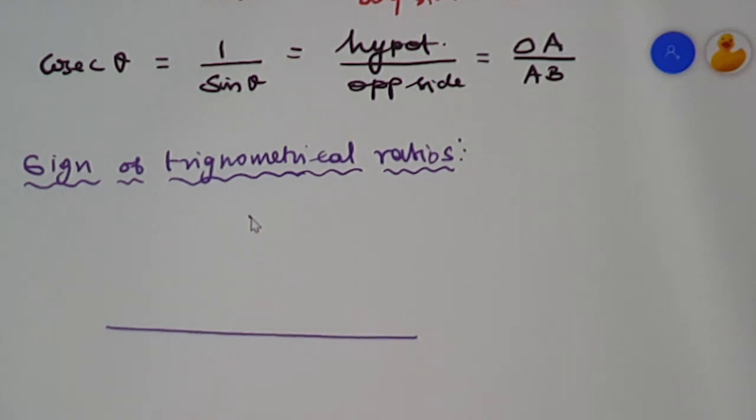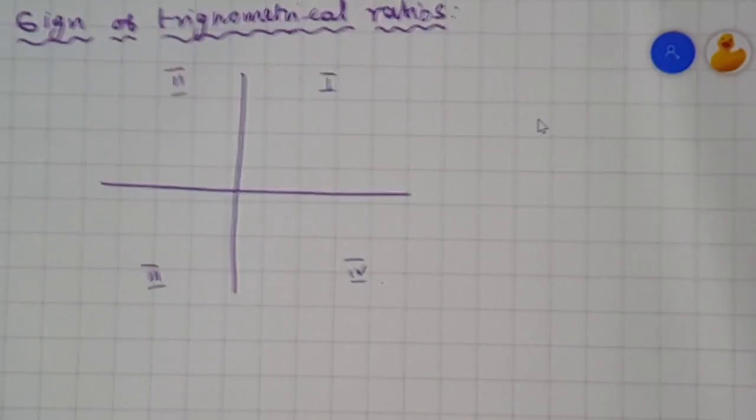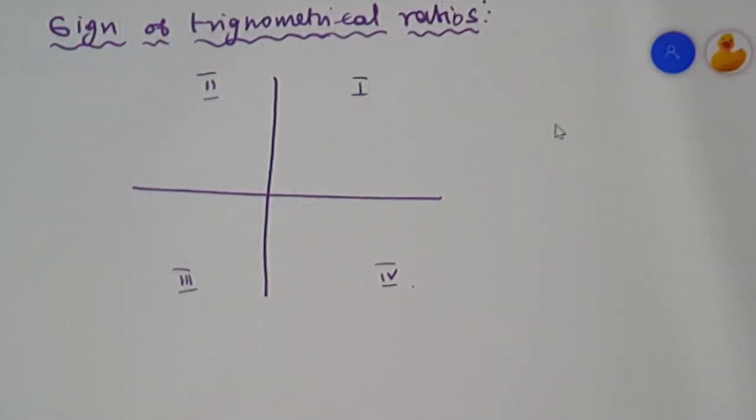So I am dividing into four quadrants. All sine tan cos, like that you might have studied. This is the first quadrant, second quadrant, this is the third quadrant, and this one is the fourth quadrant. Here I have to write which are positive and which are negative.